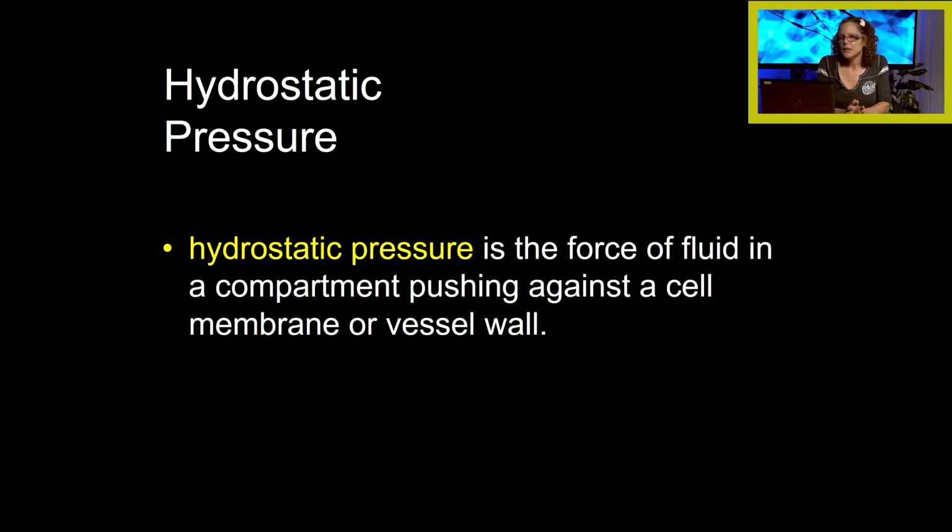We talked a little bit ago about hydrostatic pressure being the force of fluid in a compartment pushing against a cell membrane or vessel wall, okay? So whether it's a cell membrane or a vessel wall, we are still dealing with hydrostatic pressure.